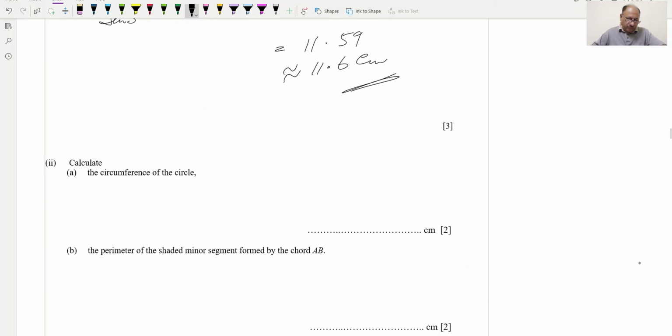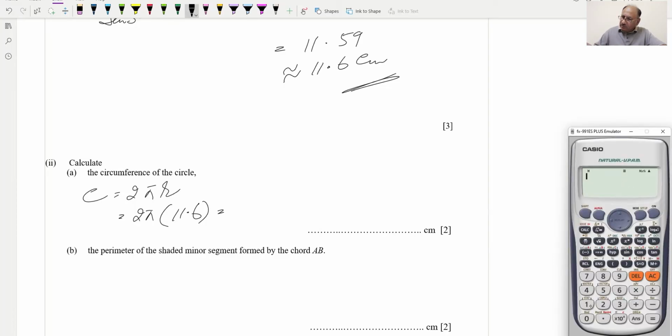Now calculate the circumference of the circle, and circumference of the circle we know is 2 pi r. Now r value we already have, which is 11.6, which we just calculated in the previous part, so we take 2 pi multiplied by 11.6, and this is equal to 72.88.